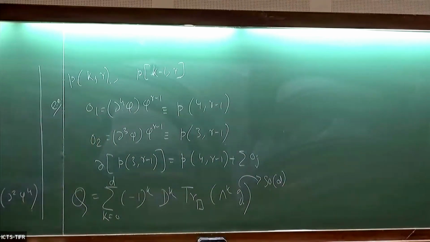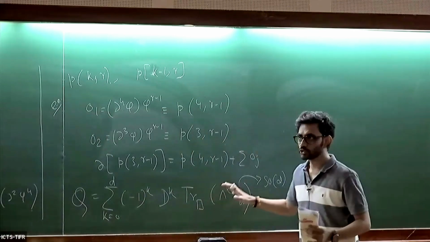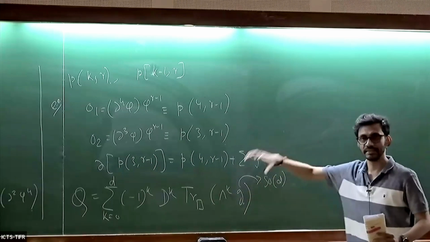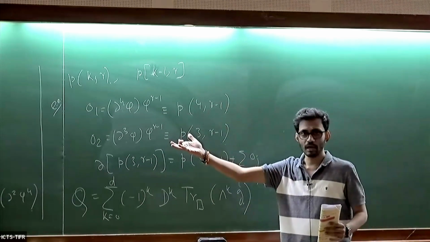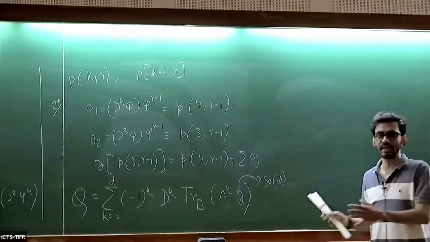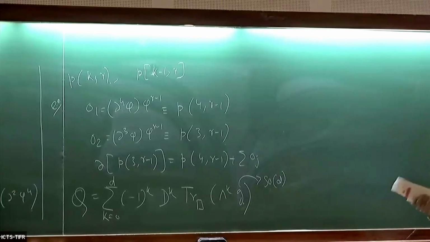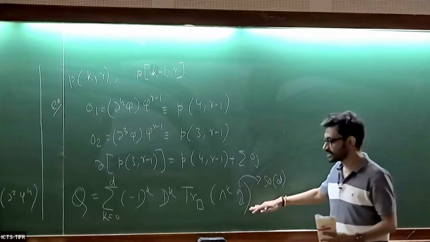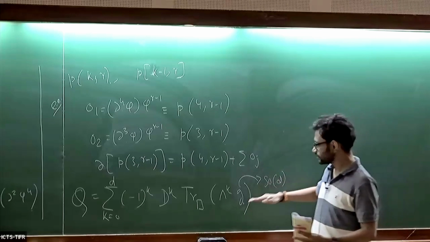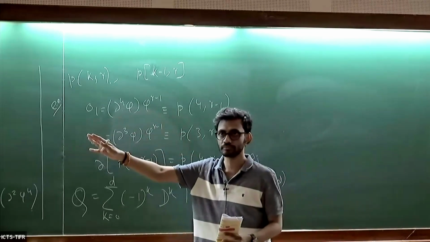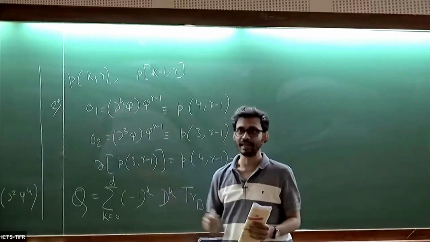Why? Because at the end of the day, this is an integral over the unimodular torus coordinates. So whatever counting we are doing here, we should be able to translate into that language. Otherwise, I cannot perform the integration. In principle, I can write down mathematically plugging it in there, but I cannot really compute. So this is the definition, but it is not something we can immediately use. So you have to translate that.